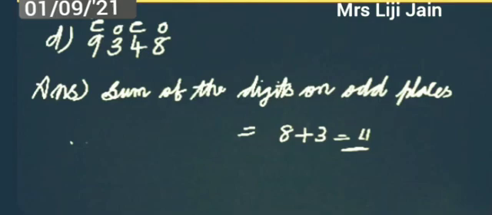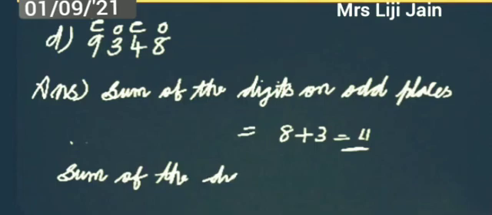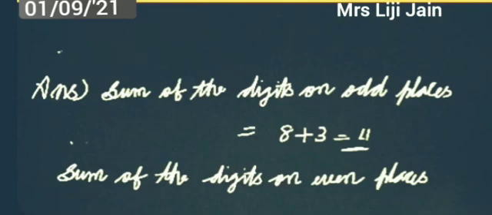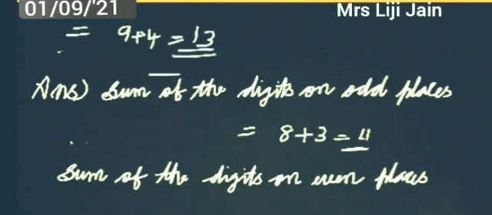The number is 9348. Which are the digits on even places here? 4 and 9. That's equal to 9 plus 4. What is it? 13. And next step, the difference.